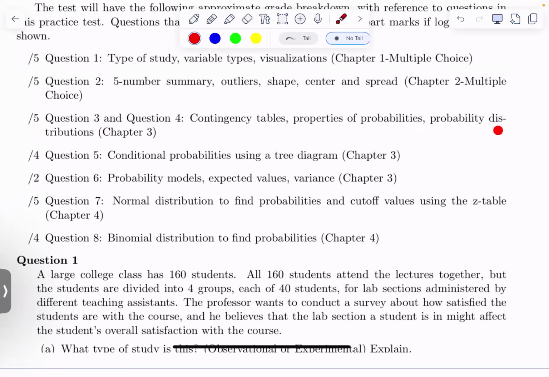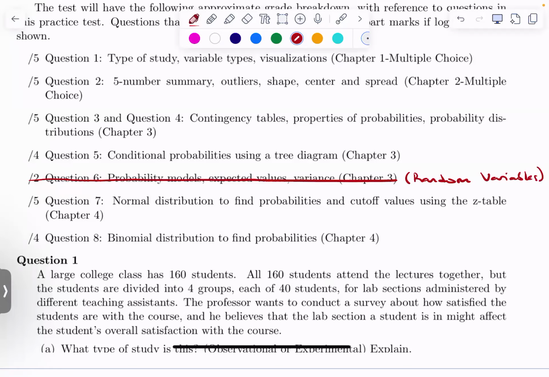For 4 marks, roughly, conditional probabilities using a tree diagram, everyone's favorite thing. That's from chapter 3. And then this one is from random variables, but I only gave it to you as a bonus.